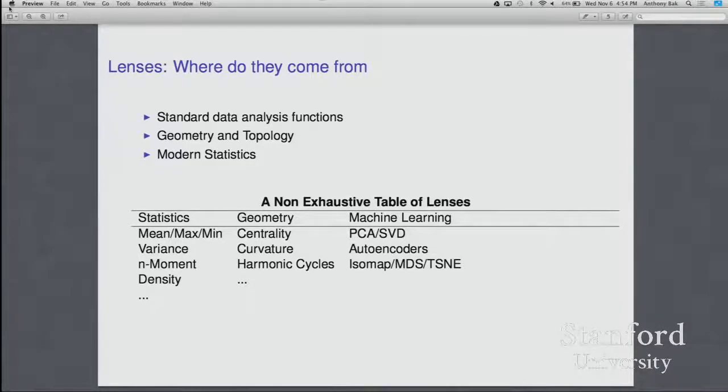So I really like these other lenses. I'm not trying to bash neural networks or anything like that, but I really like these other lenses because they have intrinsic meaning outside of the problem that you're looking at. And that means that they're not really subject to overfitting because they don't fit the data, the data fits them, right? I mean, when you calculate the mean, you just do it.